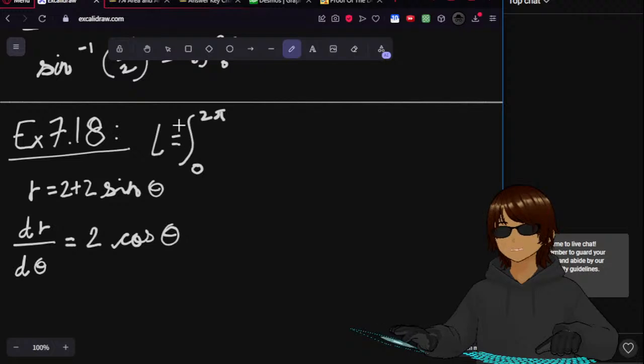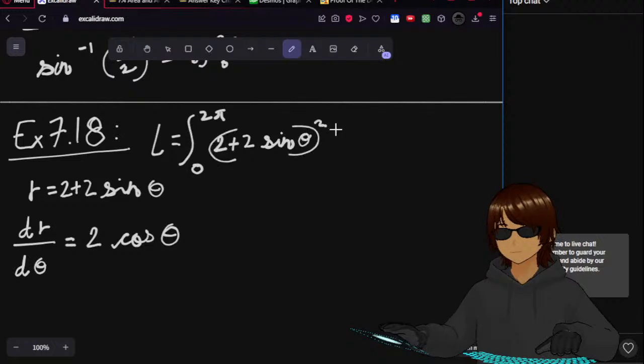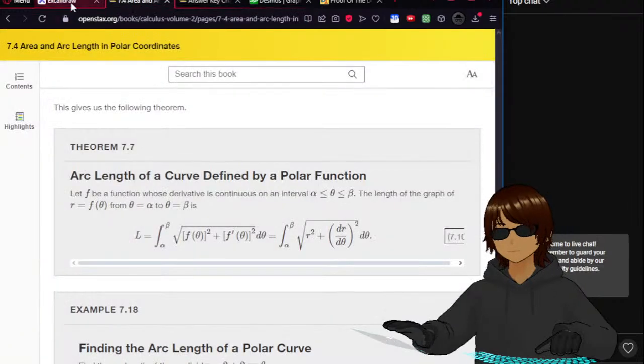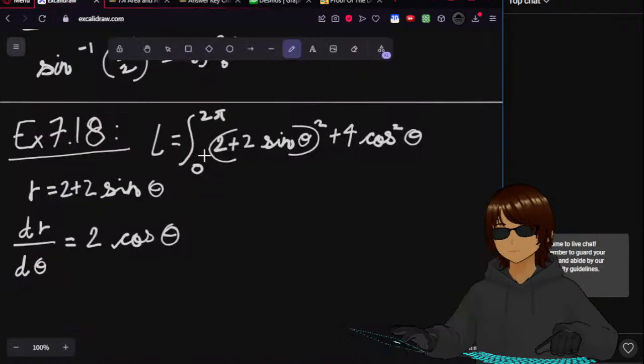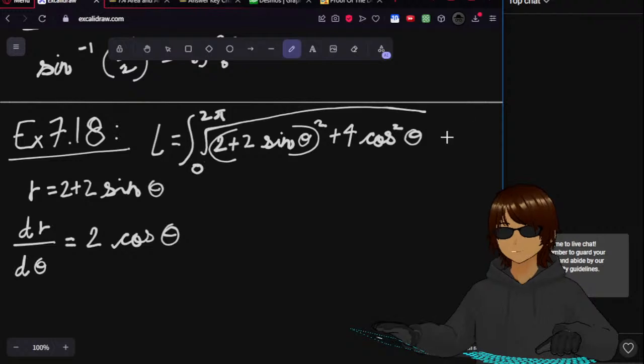So the length is equal to r squared plus d theta.